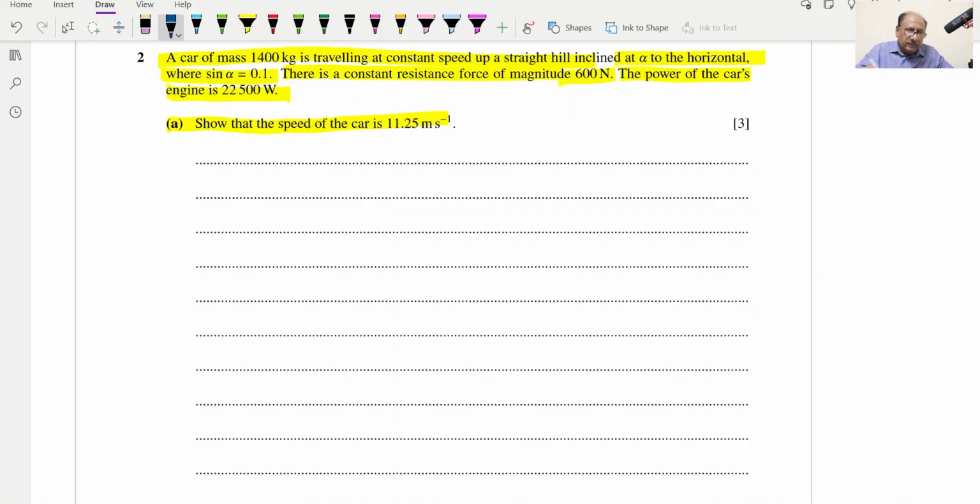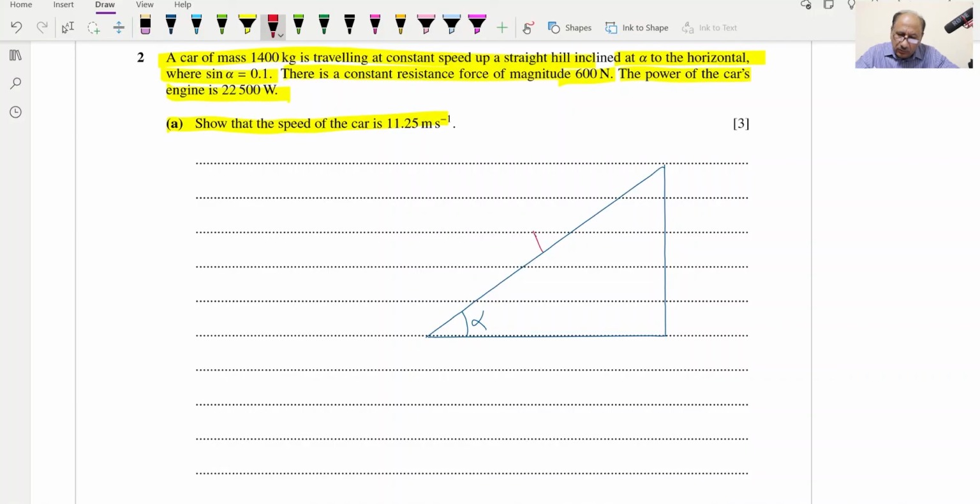Now we can draw a simple diagram to understand this one. Over here we can draw an inclined plane with alpha angle, and this is the car.